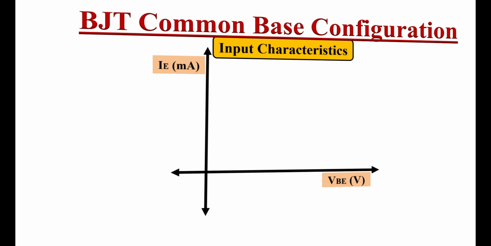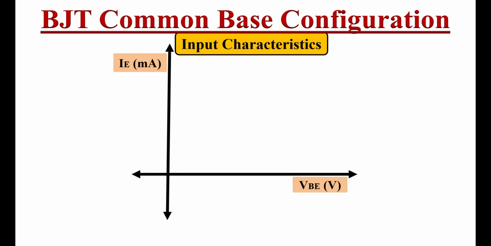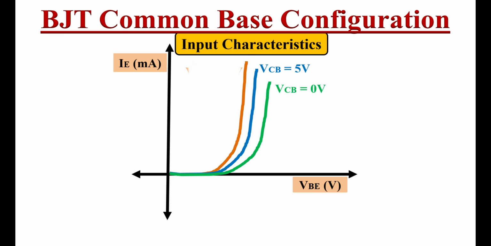Here, in the common base input characteristics, keeping VBE on the x-axis and IE on the y-axis, the curves look like the forward characteristics of the PN junction diode. There are three curves for different values of VCB. That means for drawing each curve, the value of VCB has been kept constant.